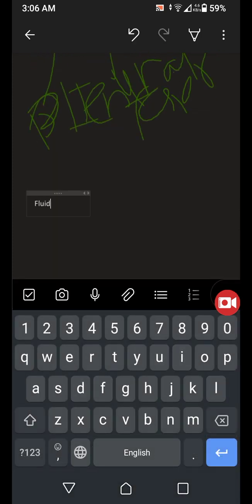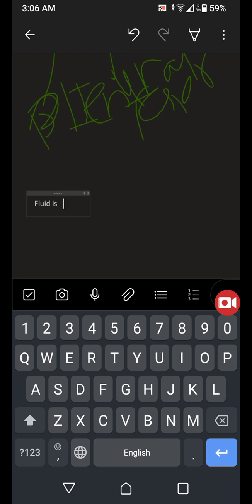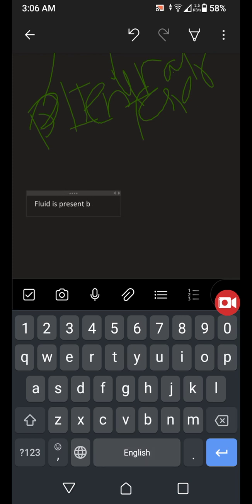Okay, a fluid is between parietal and visceral, which is known as pleural fluid. What is the function of pleural fluid?